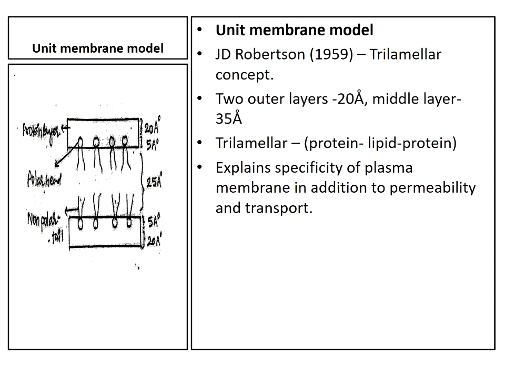This model consists of a bimolecular layer and two protein layers. The dark band, which you can observe here, measures about 25 angstrom, and each light band measures about 25 angstrom.